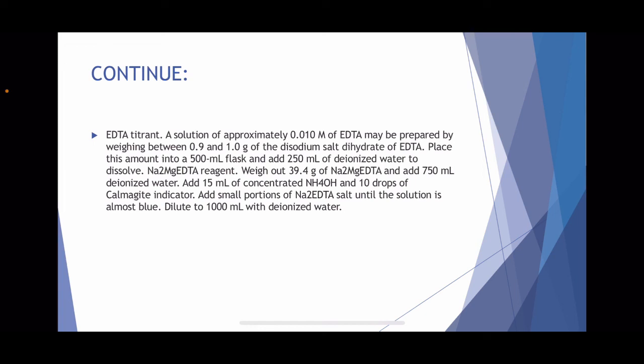Disodium magnesium EDTA reagent: weigh out 39.4 grams of disodium magnesium EDTA and add 750 ml deionized water. Add 15 ml of concentrated ammonium hydroxide and 10 drops of calmagite indicator. Add small portions of disodium EDTA salt until the solution is almost blue. Dilute to 1000 ml with deionized water.